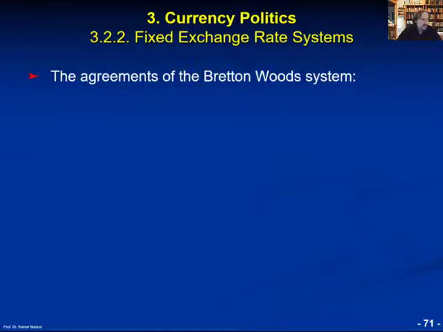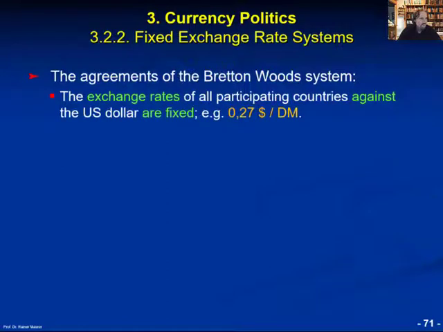Let's first have a look how the Bretton Woods system was constructed. The exchange rate of all participating countries against the US dollar was fixed. For example, the dollar-Deutsche Mark exchange rate was fixed at the level of 0.27 dollar for one Deutsche Mark.